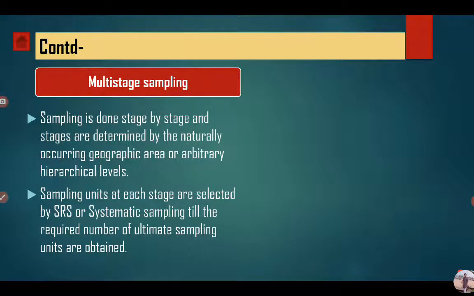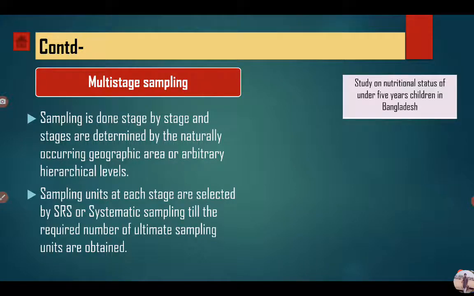Multi-stage sampling technique. Multi-stage sampling is usually done stage by stage, and stages are determined by naturally occurring geographic areas or arbitrary hierarchy levels. Suppose we consider a study on the nutritional status of under 5 children of Bangladesh.